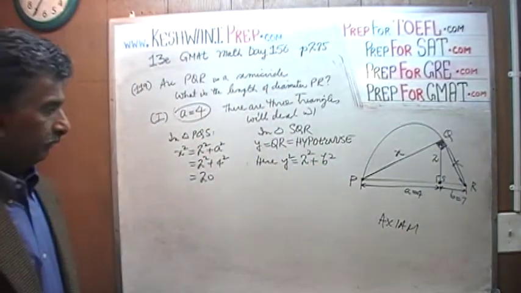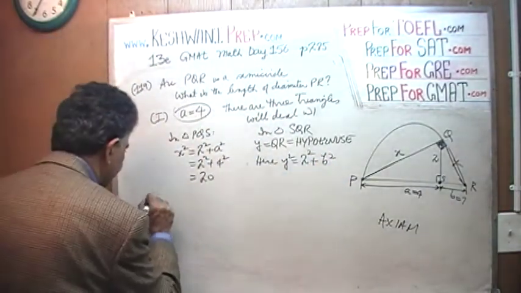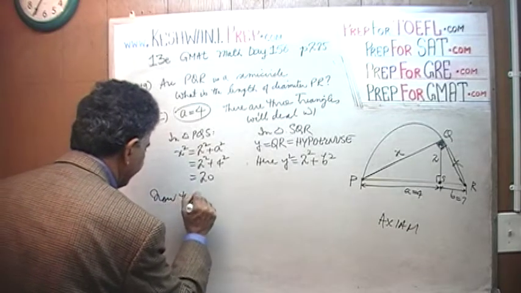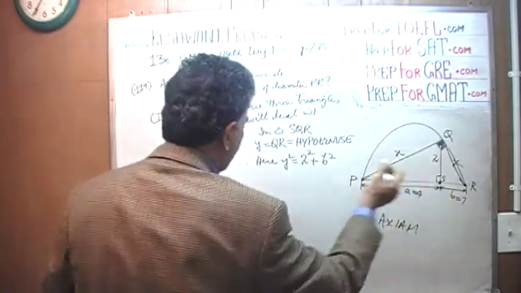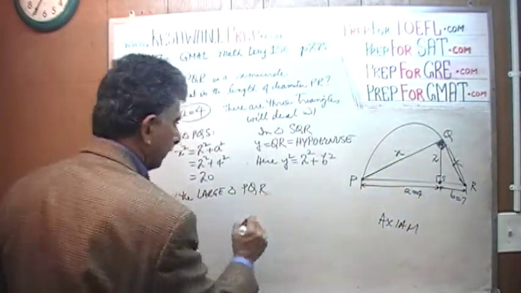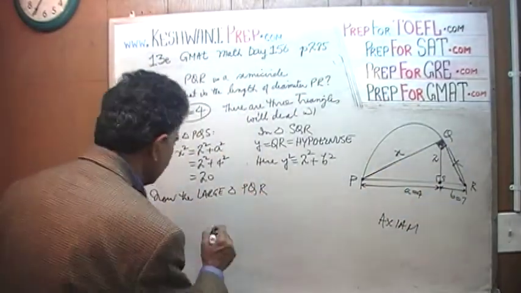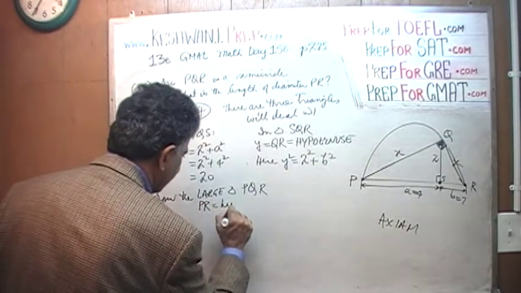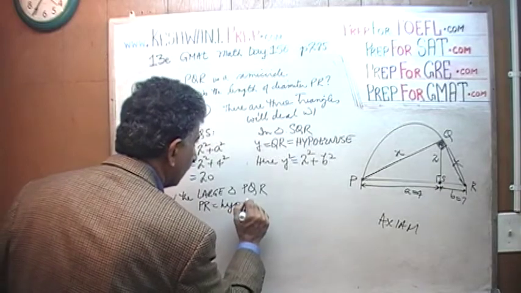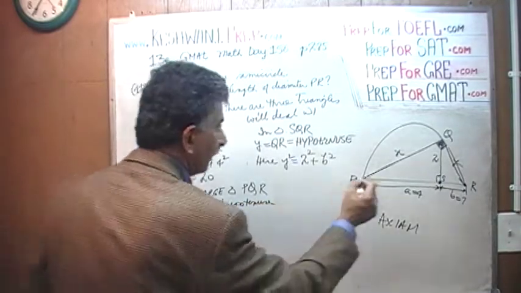So far so good. Now the large triangle PQR. In the large triangle PQR, PR is our hypotenuse, because it is facing the 90 degrees.